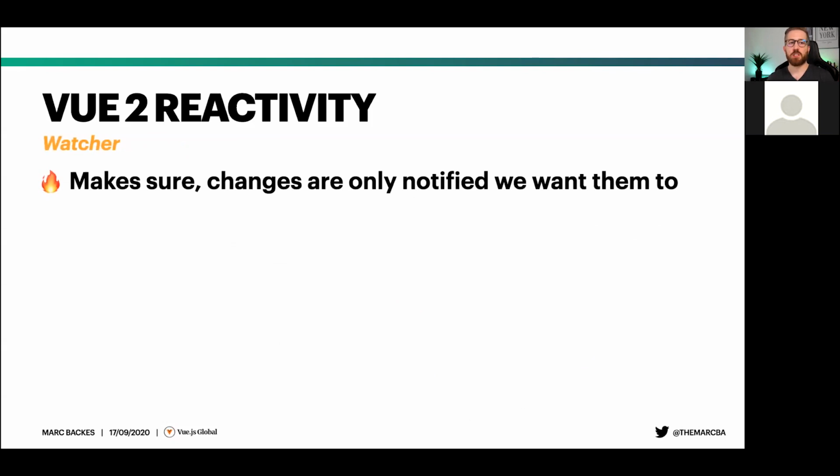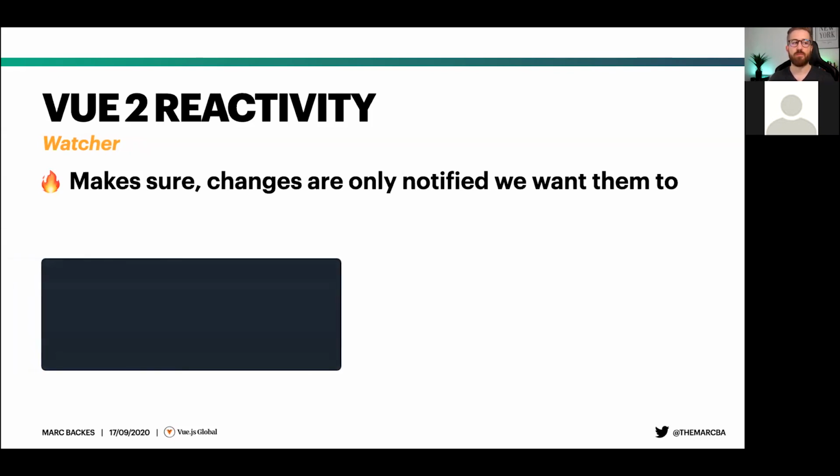Okay, and then a watcher. I'm not sure if we have time in the live demo to go more into it, but it's basically to make sure that changes are only notified when we want them to. So when they are inside an effect, we will see in the demo more exactly what that's about. So we have something like this. We have a function, and we do something with the person's age, for example, and we execute that effect.